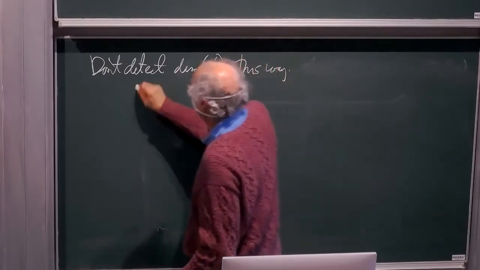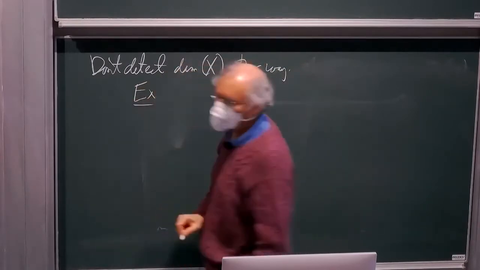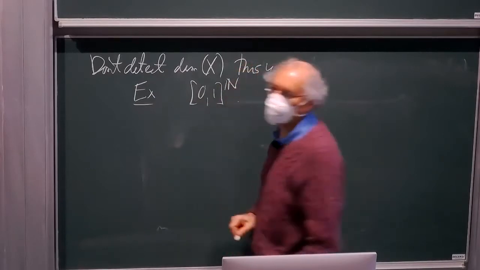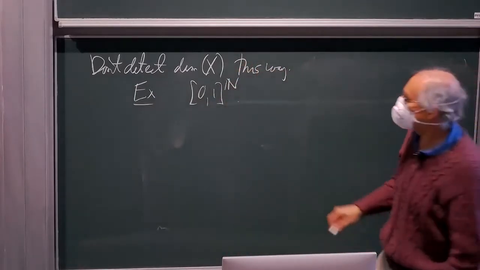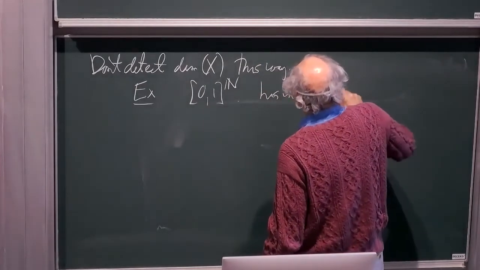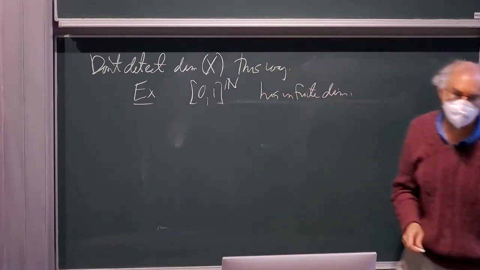So for example, the Hilbert cube is infinite dimensional. It's contractible, so all the bundles are trivial.